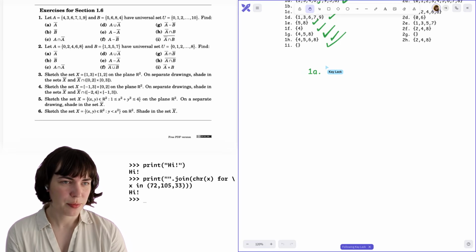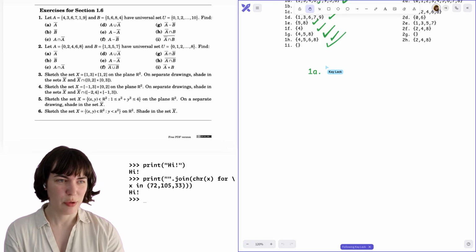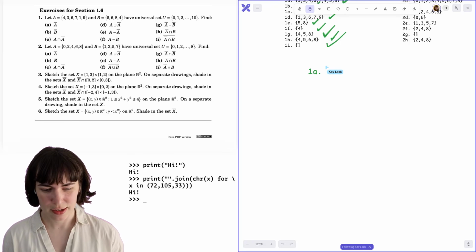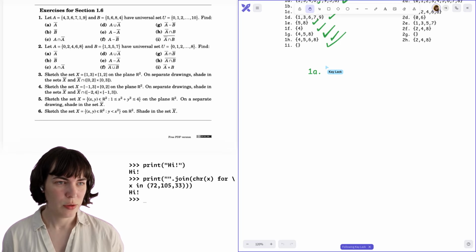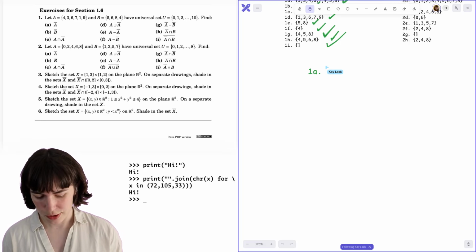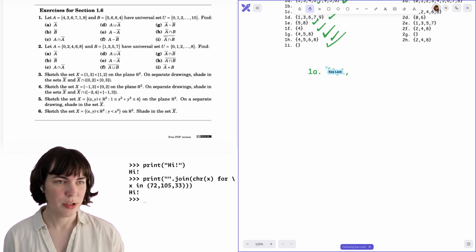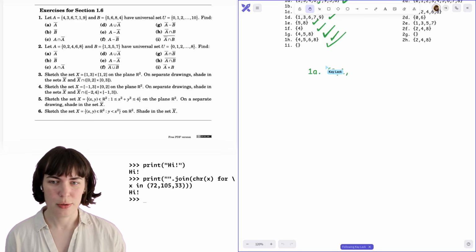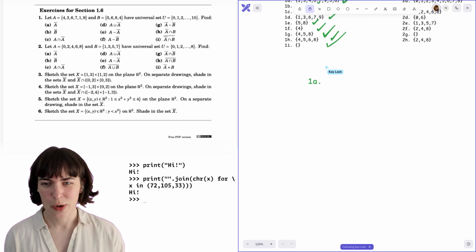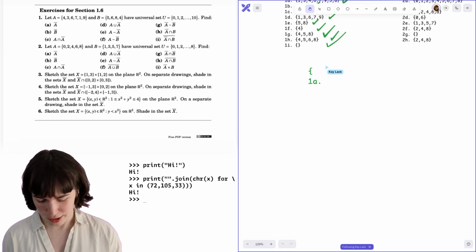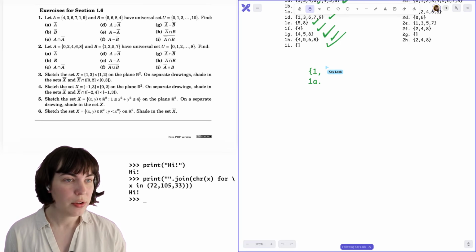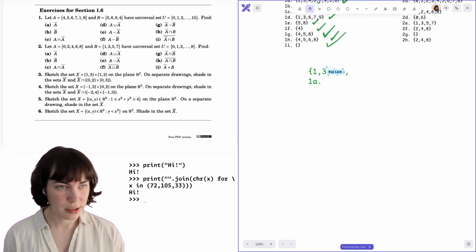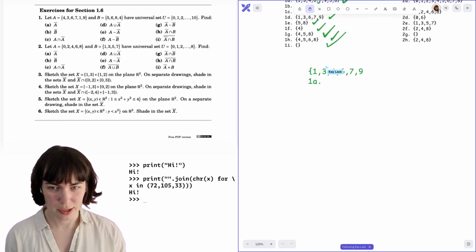All right, 1A. Complement of A. That's everything that's in the universal set that's not in A. So let's just go through that. 0, 1, 2. No, they've... Why'd you have to make this unnecessarily hard? 1, 3, 4, 6, 7, 9.